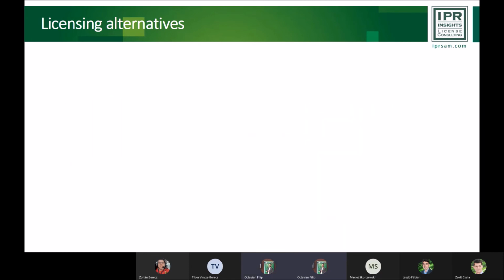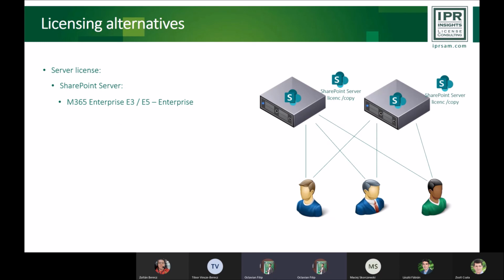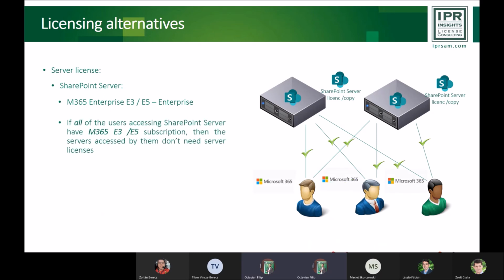There is also an alternative for the server license, and that is the M365 Enterprise E3 or E5. Now, here is the catch with this. If all of the users accessing SharePoint Server on-premise have an M365 E3 or E5 subscription, then the server accessed by them doesn't need server licenses.